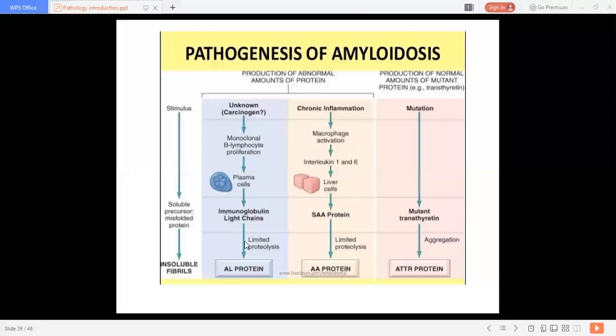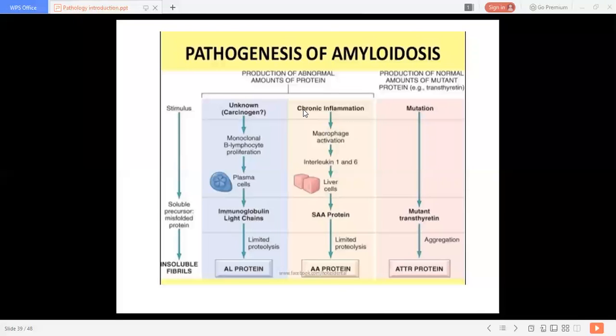Now the second one is AA amyloid. How does this AA amyloid form? The stimulus for AA amyloid is chronic inflammation or cancer. It gives the stimulus for formation of AA amyloid.